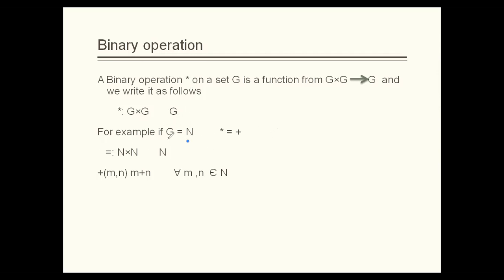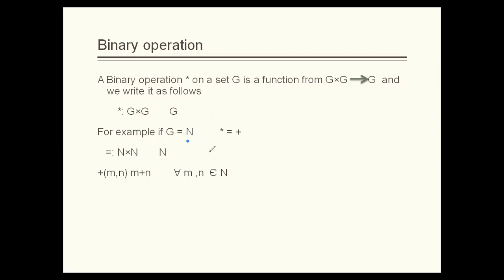For example, if G is equal to N, we say G is a set. Let's suppose our set is natural numbers, and the binary operation is addition.